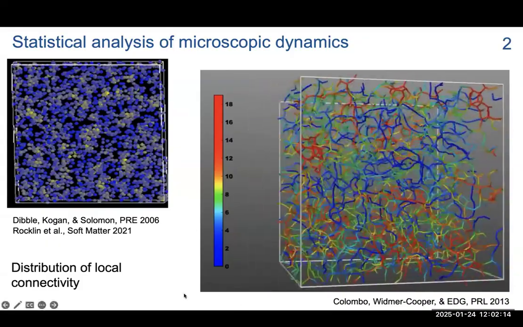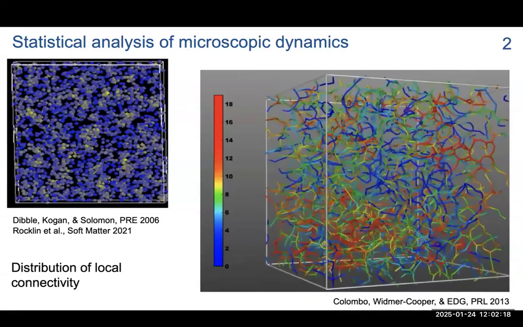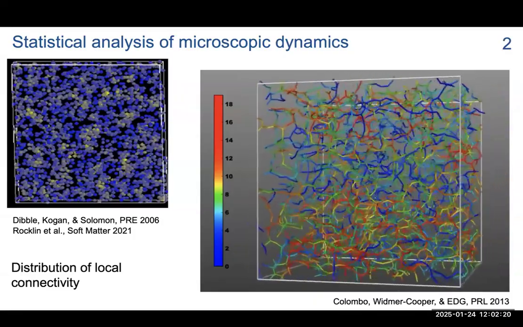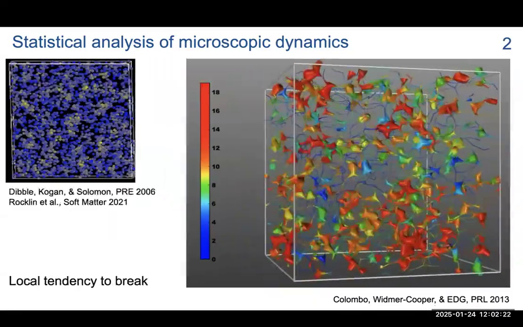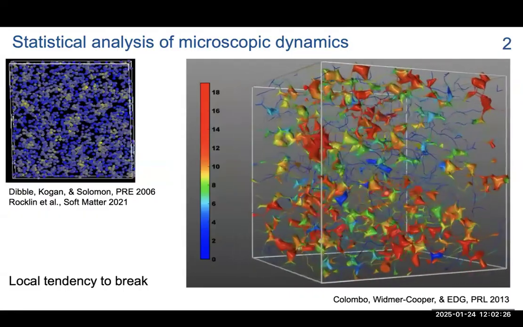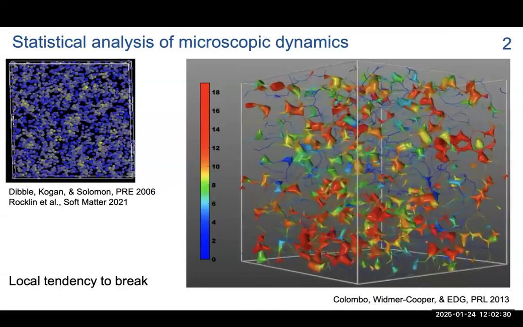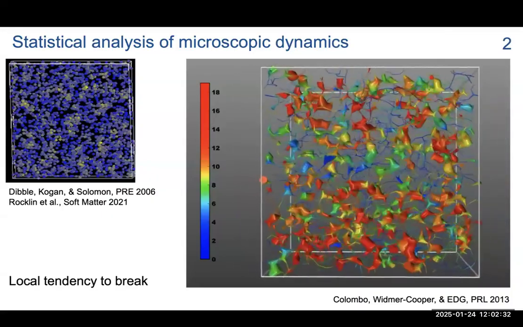So, for example, from here, we did the statistical analysis of the tendency of different parts of the gel to break. And you get this type of picture, where thicker means it's more likely to break. You can see that statistically, the regions where it's more likely to break tend to be yellowish red.